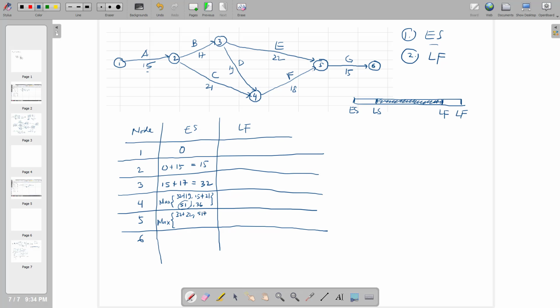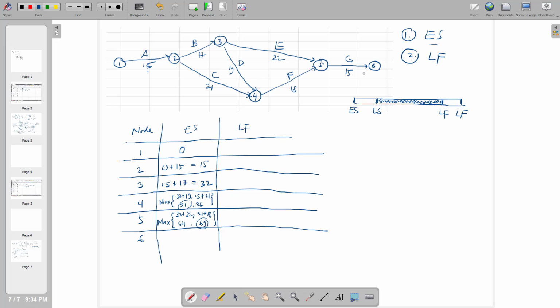So you have to choose between the maximum value of 32 plus 22, which is 54, or 51 plus 18, which is 69. So definitely node number 5 is 69.